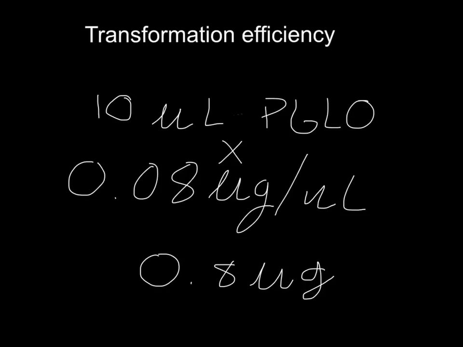Next, you need to determine the fraction of pGLO plasmid DNA that actually got spread onto that 4th plate.